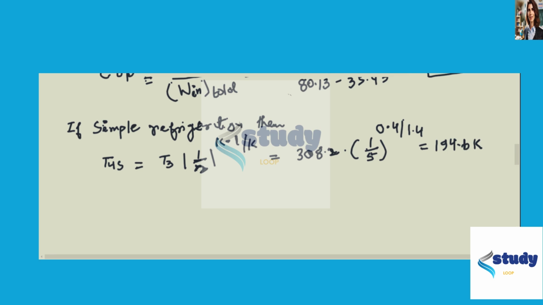So efficiency of turbine we can write T3 minus T4 upon T3 minus temperature of fourth state in isentropic process.